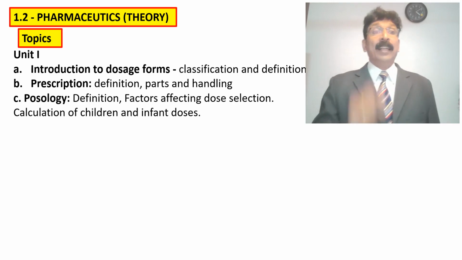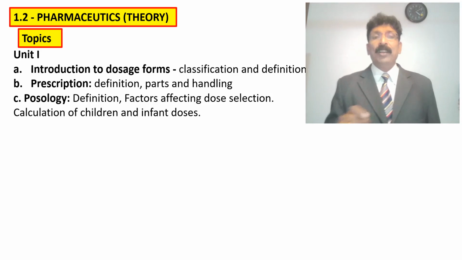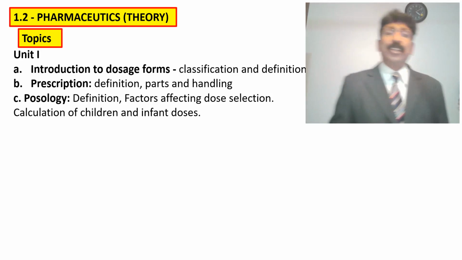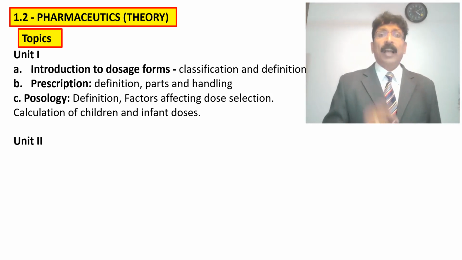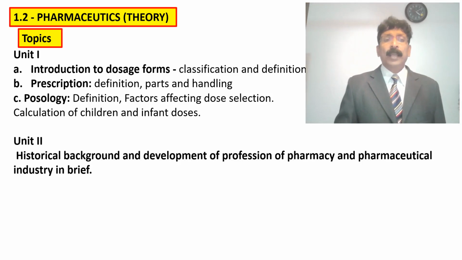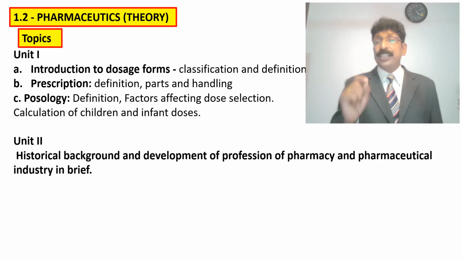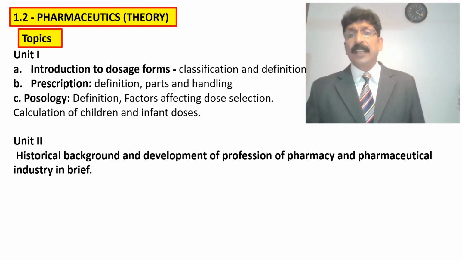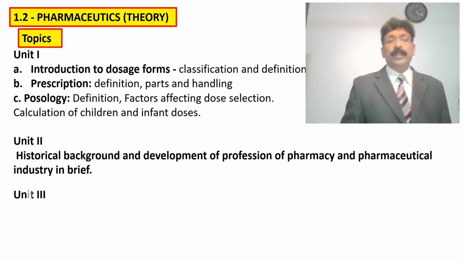In unit 1 itself, they have added posology, definition, factors affecting dose, calculation of children and infant dosages. In unit 2, the historical background and development of the profession of pharmacy and the pharmaceutical industry in brief will be given.